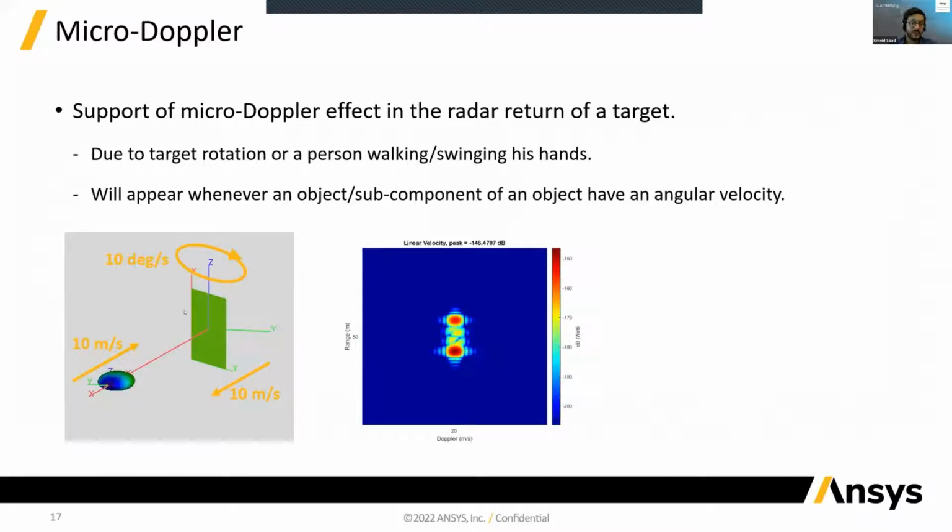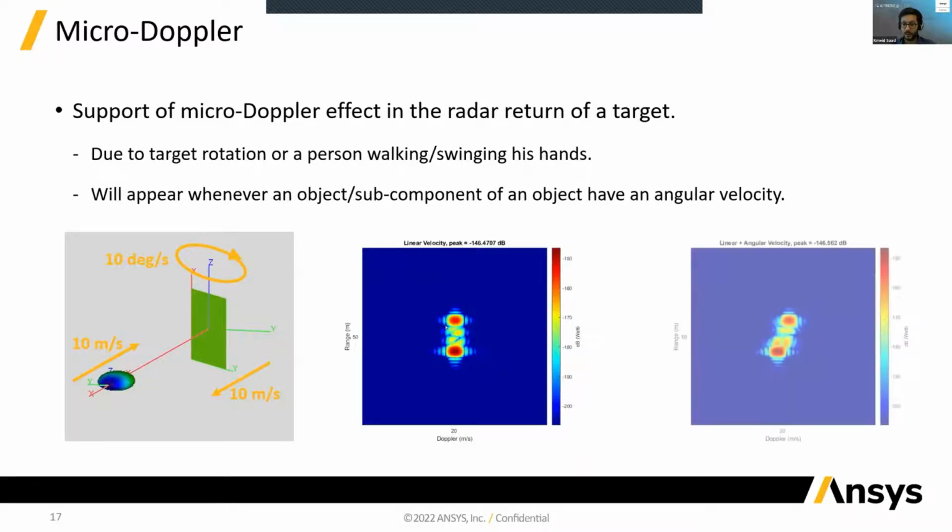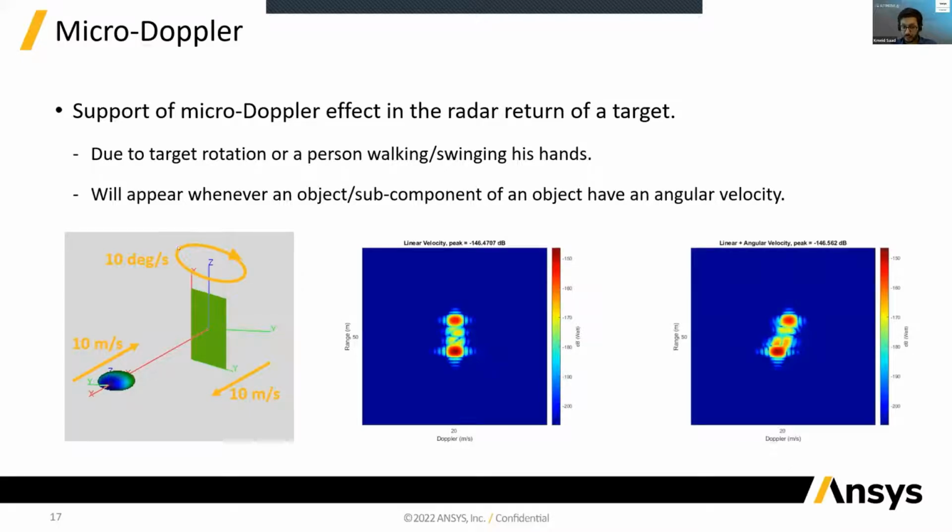So if you see this plate, for example, moving, if you just consider the linear motion of it, you would see its signature on the range Doppler. If you actually include the rotations as well, you can see a very distinctive range Doppler signature that distinguishes an object having only a linear velocity from an object having some angular velocity.